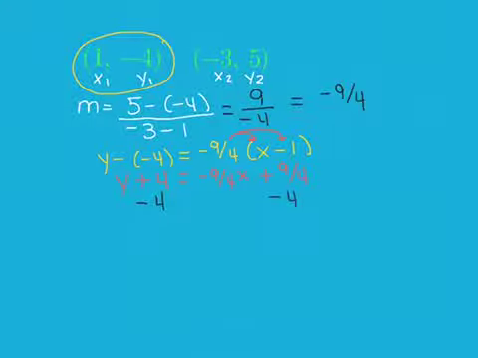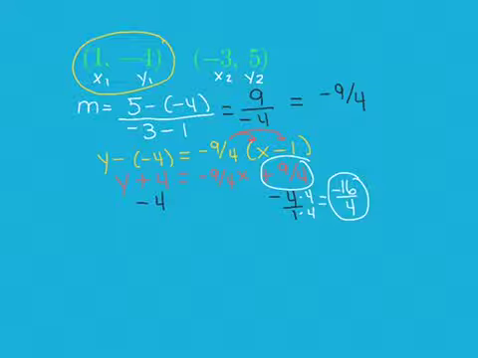Now again, we have to have a common denominator. Right now, this 4 has a denominator of 1, but we want it to have a denominator of 4, just like our fraction. So we'll multiply top and bottom by 4, so this gives us negative 16/4. So we're going to take positive 9/4 and subtract 16/4.